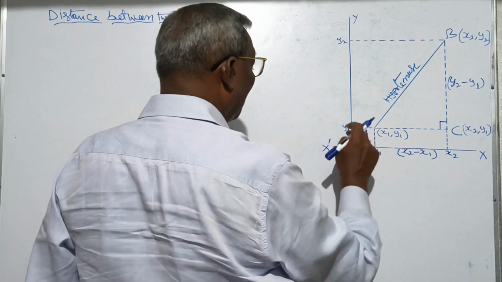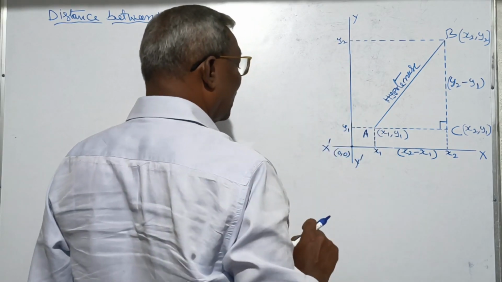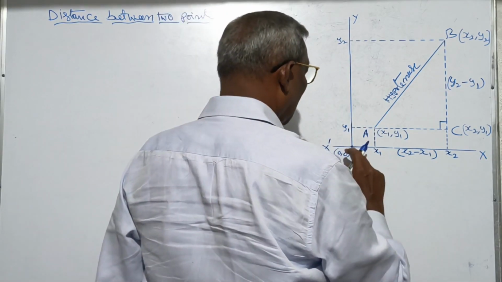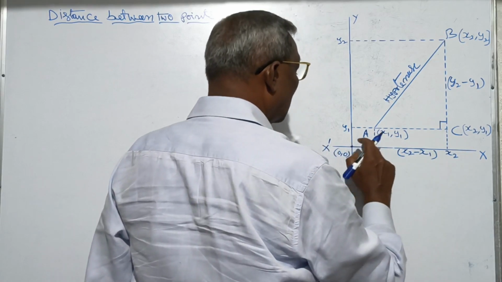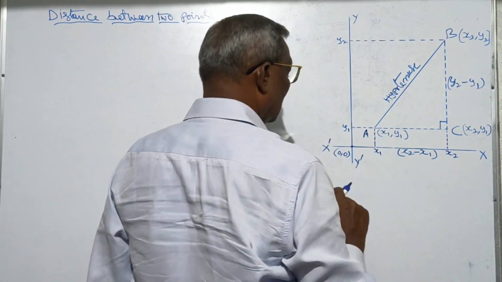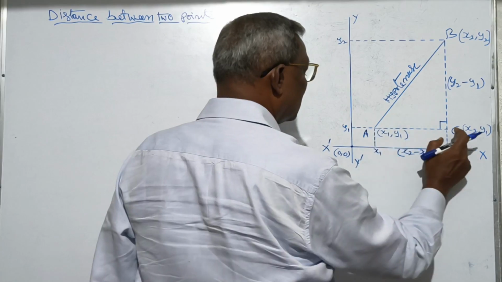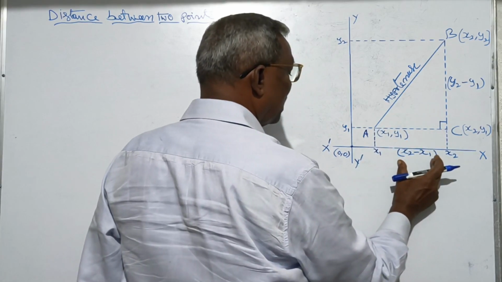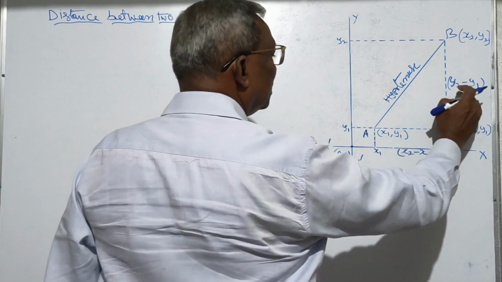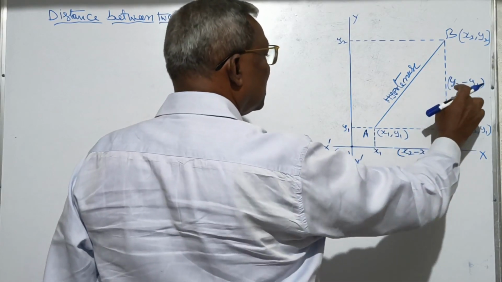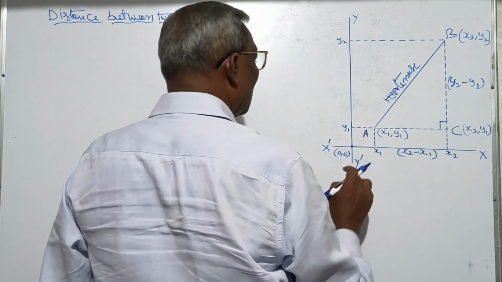That is, origin to y2 minus origin to y1, and on the x-axis, origin to x2 minus origin to x1. So the distance between A and C is x2 minus x1, and the distance BC is y2 minus y1.